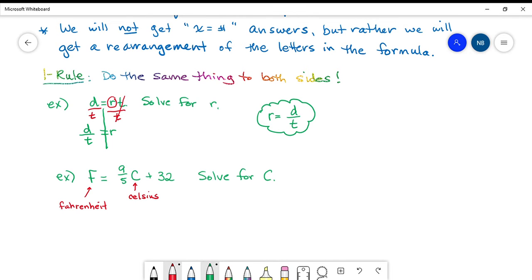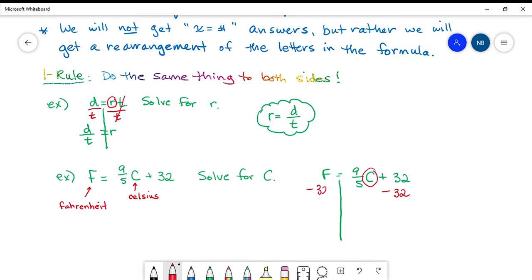Now I'm going to recopy my equation since I wrote on it. And then I'm going to separate my two sides of my equation by drawing a line at the equals. I'm trying to isolate the C because I was told to solve for C. I need to zero out the plus 32.